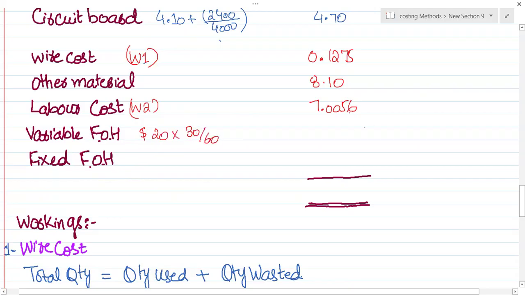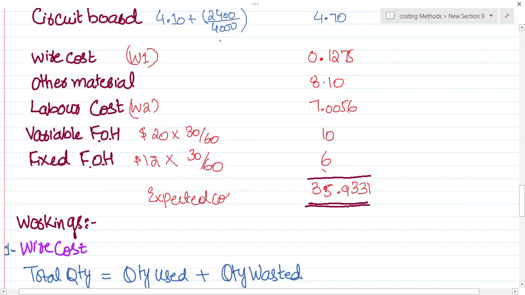We will convert the minutes into hours. You will get 10. Then your absorption rate is 12 into 30 divided by 60. It's 6. Then you will get the expected cost 35.9331. This is your expected cost per unit.